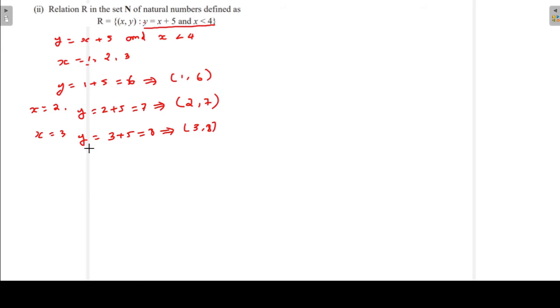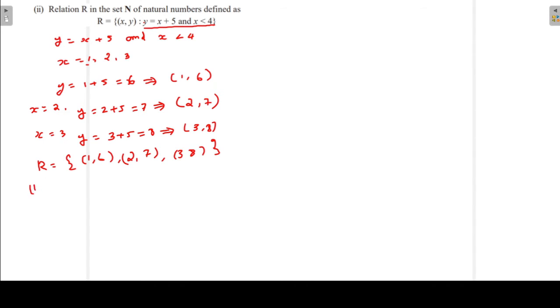So we can write our relation R equals the set of all (1, 6), (2, 7), then (3, 8). Next you check whether this is reflexive, symmetric, transitive.